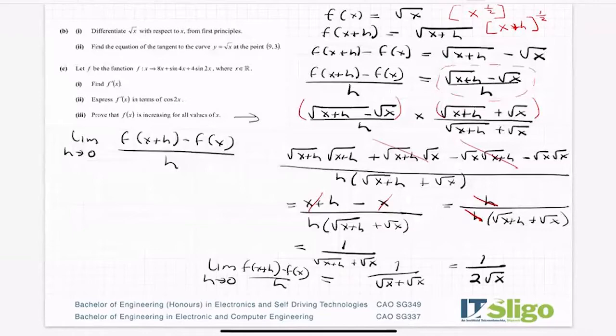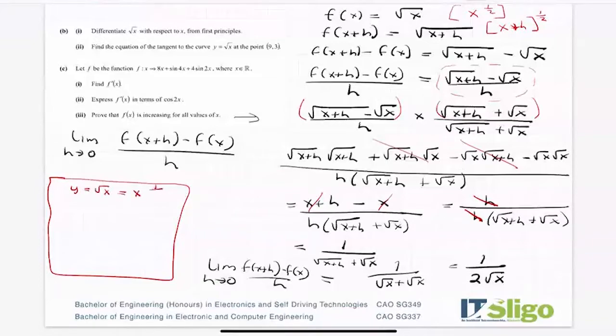Okay, now just as an aside, and that's your full answer, I will always do this when I do a first principles question. If y equals root x, which in indices is x to the power of a half, let's do it by rule. Take down the power, reduce the power by 1.